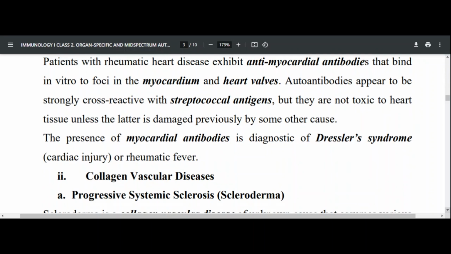The second group of mid-spectrum conditions is collagen vascular disease. For example, progressive systemic sclerosis, also called scleroderma.